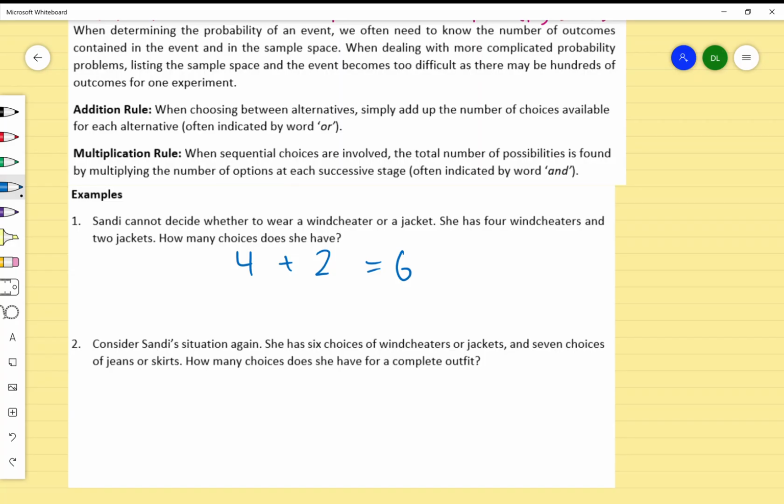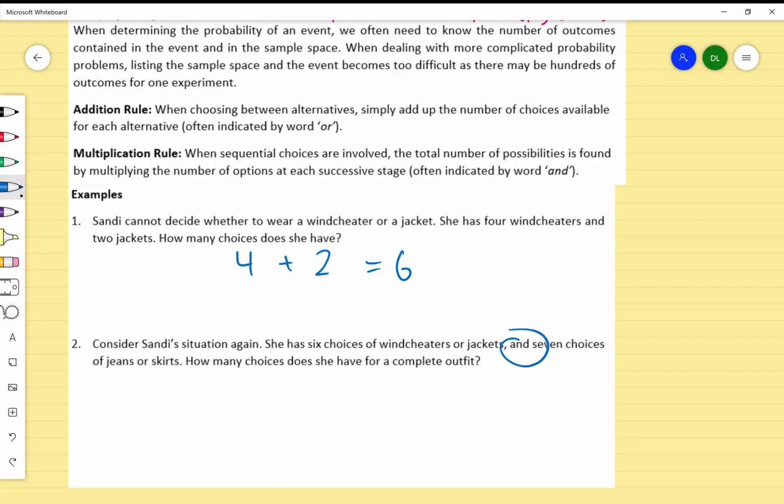So in the second question, it says, consider Sandy's situation again. She has 6 choices for wind cheaters or jackets and 7 choices of jeans or skirts. So how many choices does she have for a complete outfit? In this situation, wind cheaters or jackets is one option, and the second option is jeans or skirts. Now, you can see here it says and.